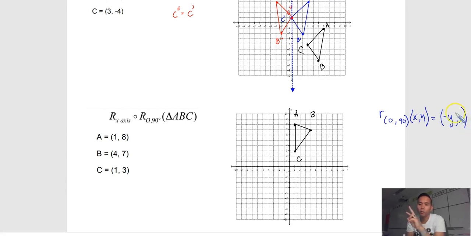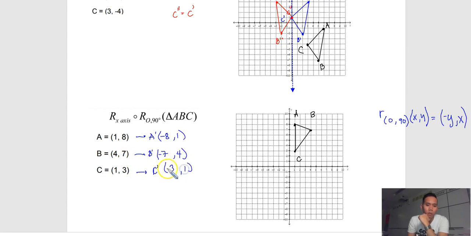So instead of (x, y), it will become (y, x), and the y will be the opposite. So your A prime after rotation, you flip them, 8 and 1, and the y gets the opposite. Your B prime will be 7, 4 because I flip it and then get the opposite of the positive 7. And then my C prime would be 3, 1, and then get the opposite of positive 3, which is negative 3.